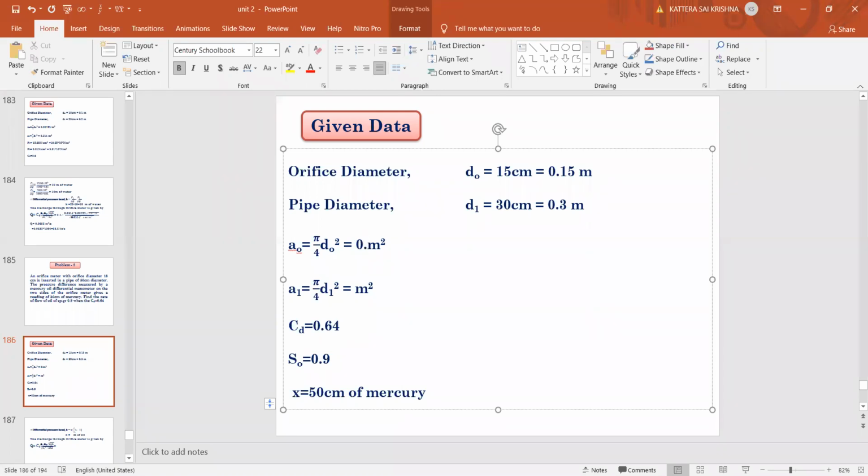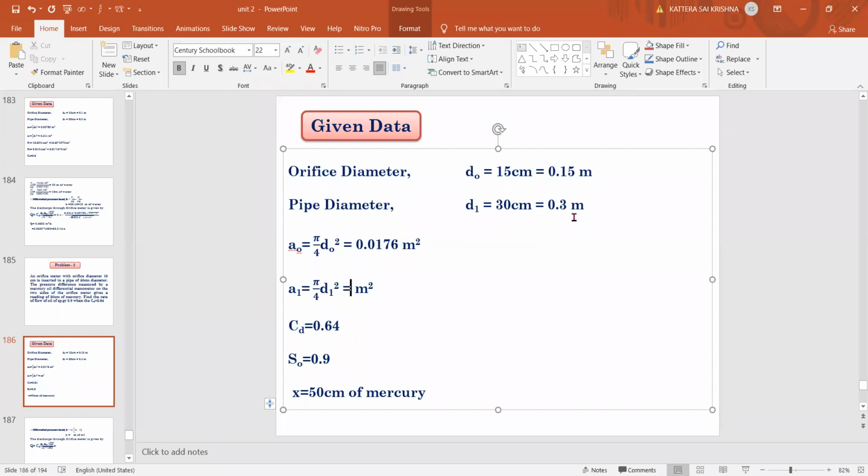Any one of you can calculate and tell me. So area of the orifice is 0.0176 meters squared.